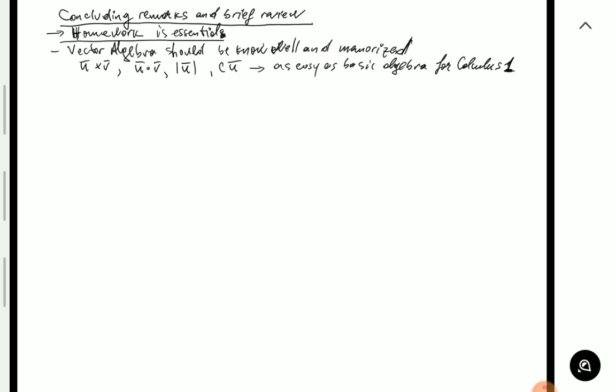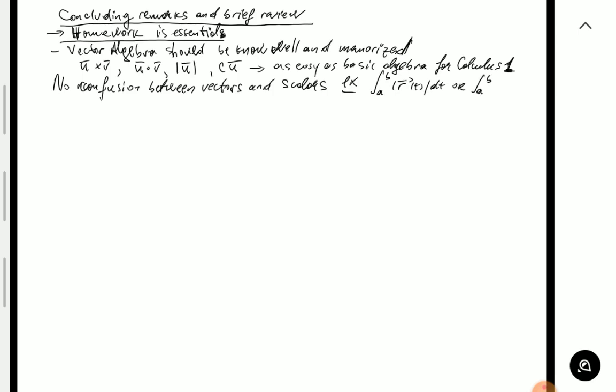There shouldn't be any confusion between vector quantities, between vectors and scalars. For example, whether you take the integral of the magnitude of r prime of t, if r of t is a space curve, as opposed to the integral from a to b of just r prime of t dt, there shouldn't be any confusion at all.